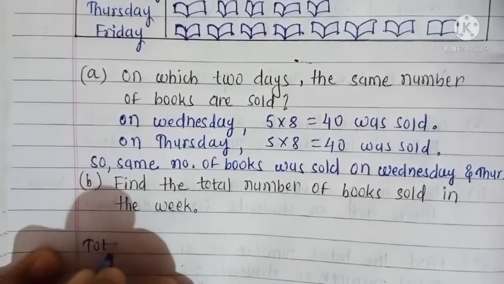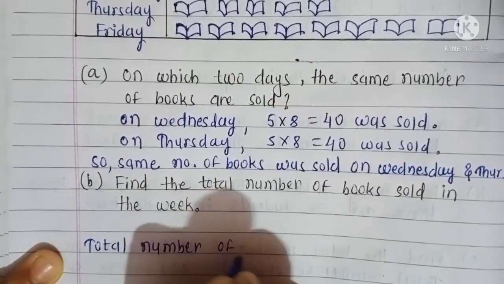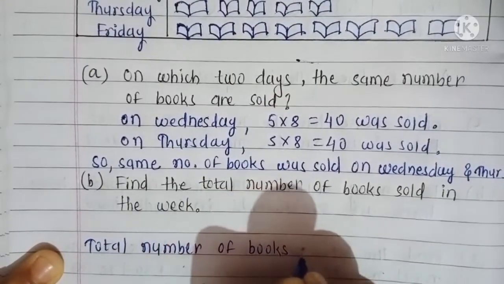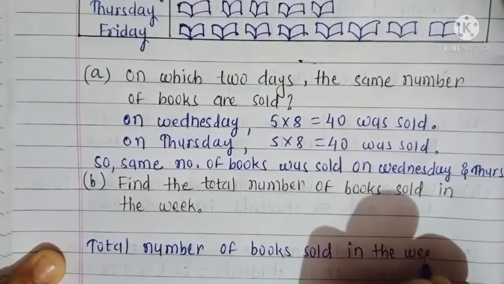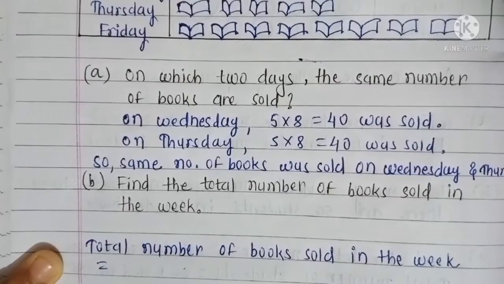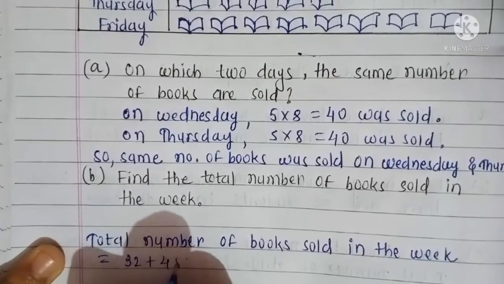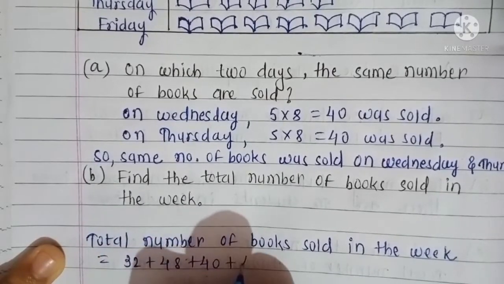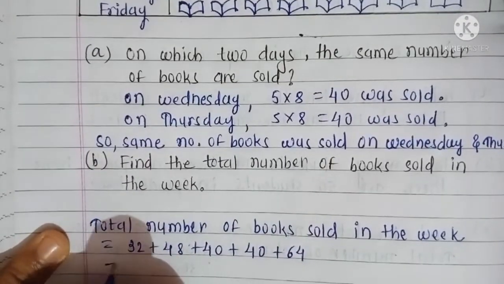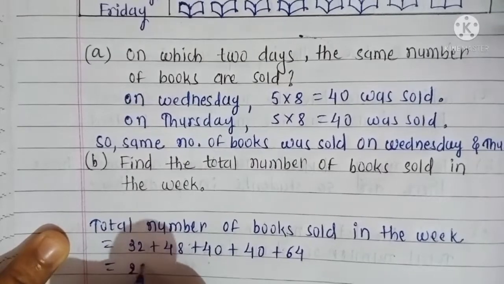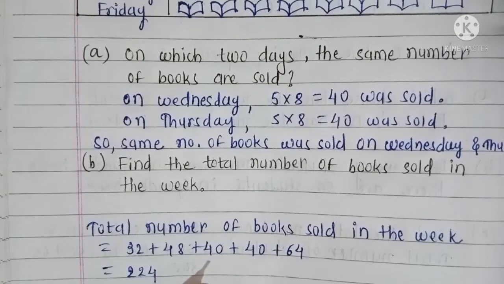So, total number of books sold in the week is equal to 32 plus 48 plus 40 plus 40 plus 64. On addition, we get answer 224. So, 224 books were sold in the week.